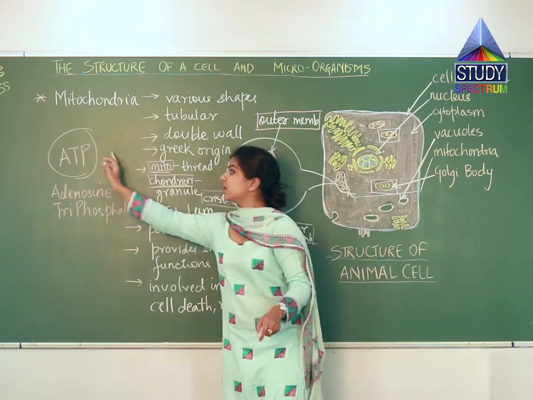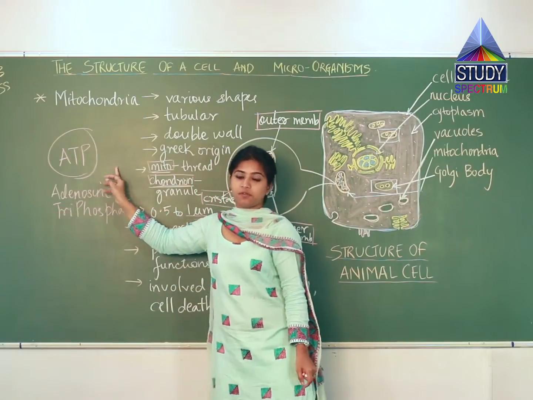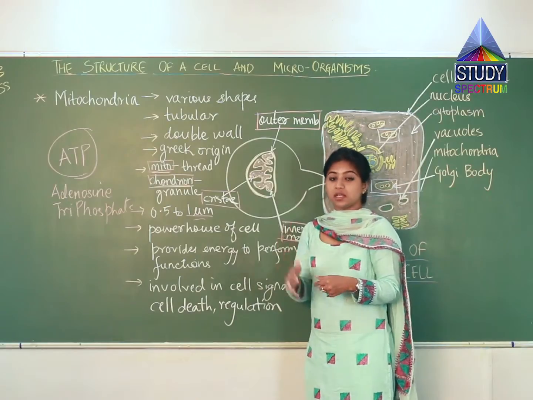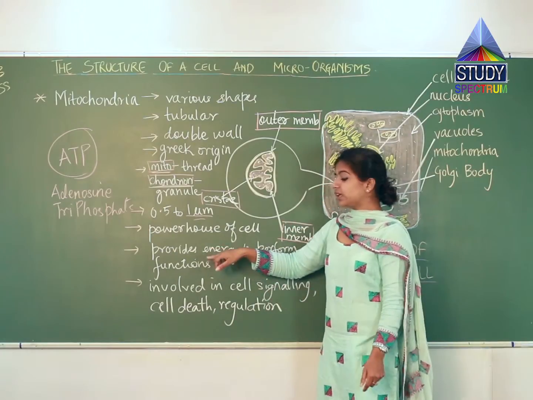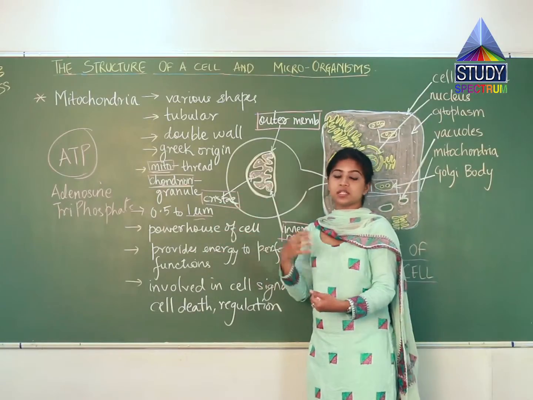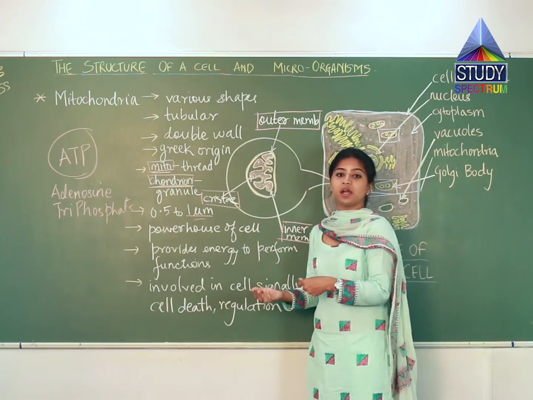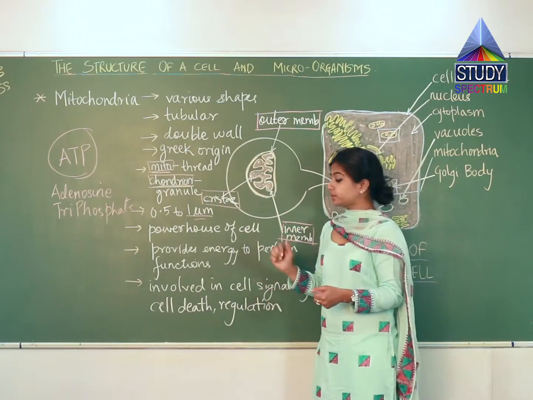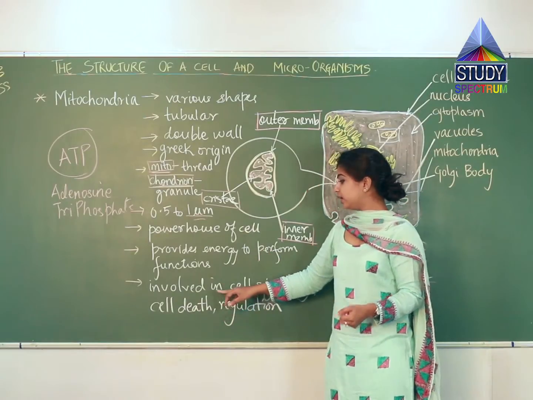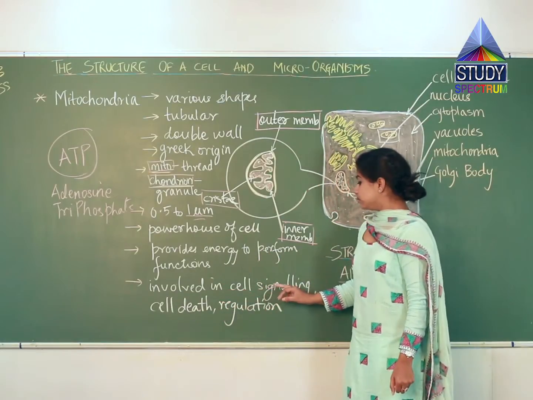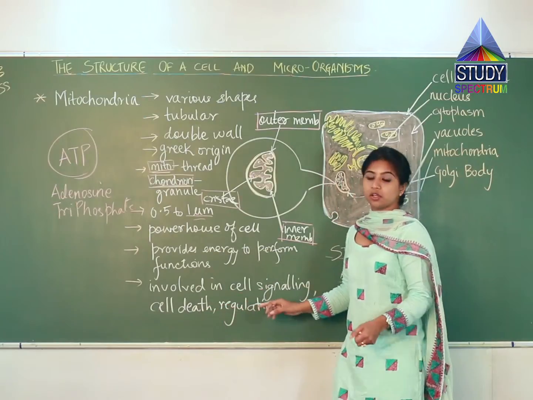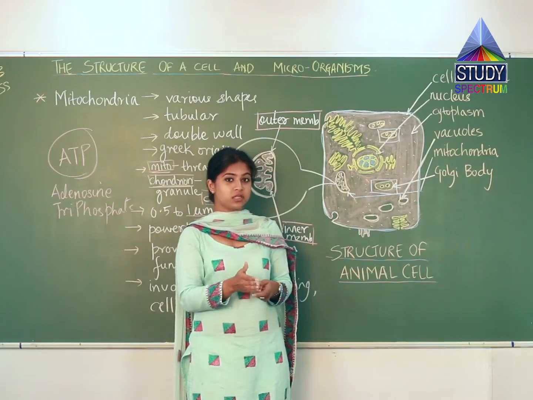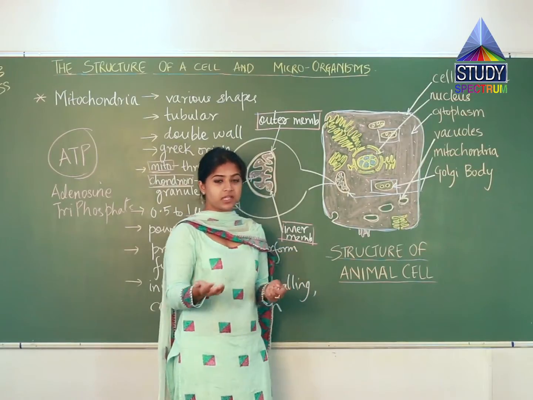Because it produces a chemical like adenosine triphosphate that helps in the activities and processes that happen in the cell. Now we get this chemical energy, synthesized by the mitochondria, from the food that we consume. The last point would be that it is involved in cell signaling, in cell death, and the regulation of the activities.